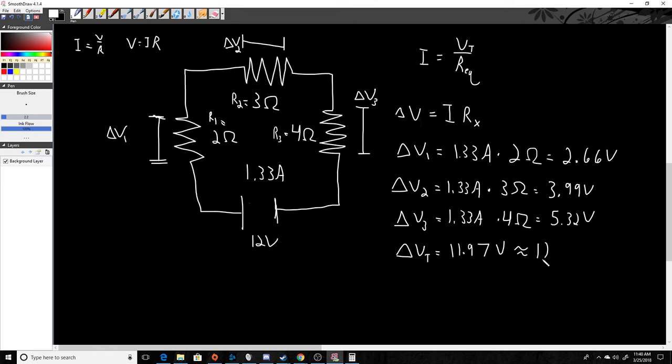Really, that's close enough. We could call that 12 volts. After you figure out the voltage drop-offs and add them all together, it should equal your voltage source, the one you started with in the diagram. That's just one way you can check to make sure you did your voltage drop-offs correctly.